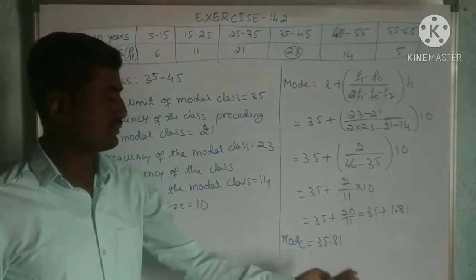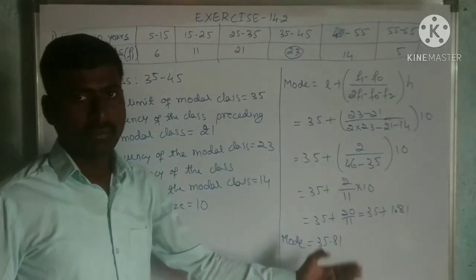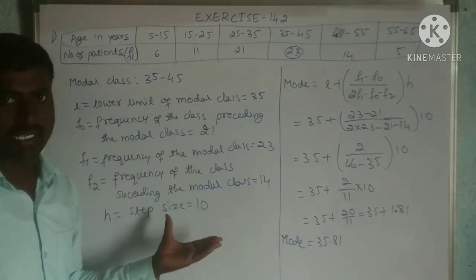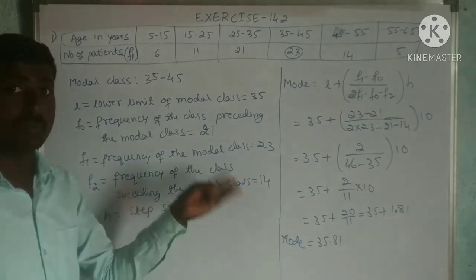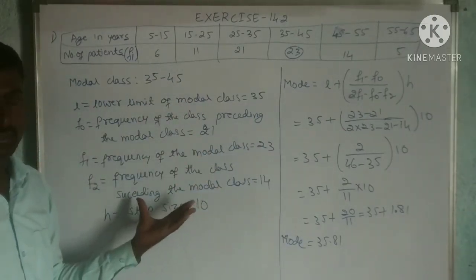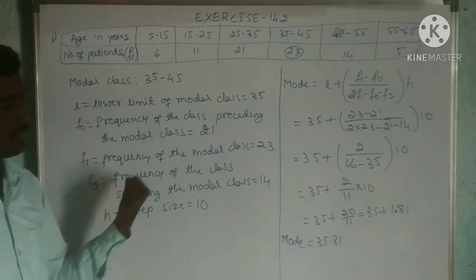They may give 3 marks for this only. If you write these explanations, they will easily give the 3 marks. If they ask 3 marks for both mean and mode, then there is no need to write all these expansions. You can take the terms directly and find the mode.